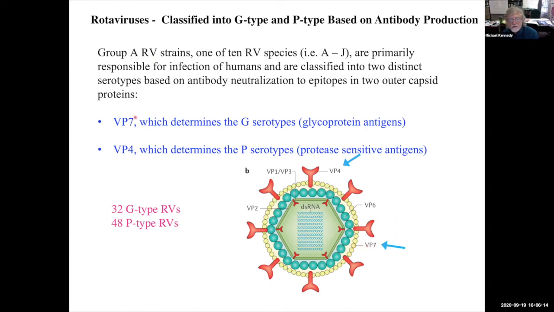And then the P-type rotaviruses depend on the VP4 protein, which is of interest for this discussion. So VP7 G-type and VP4 P-type.